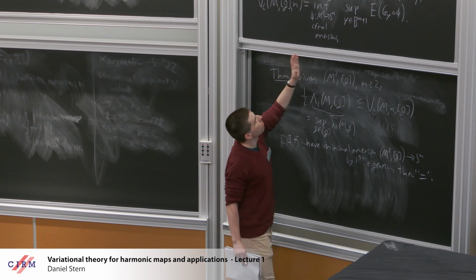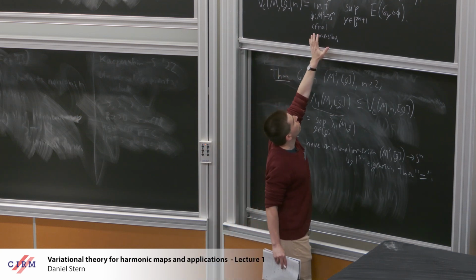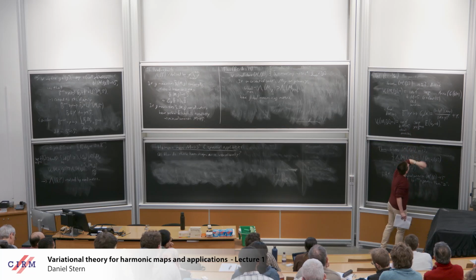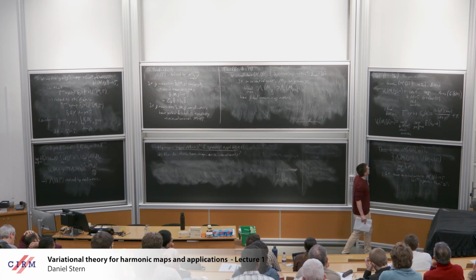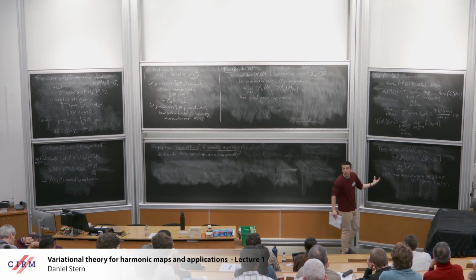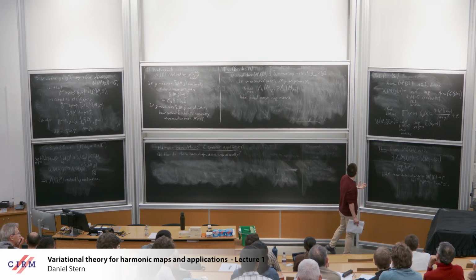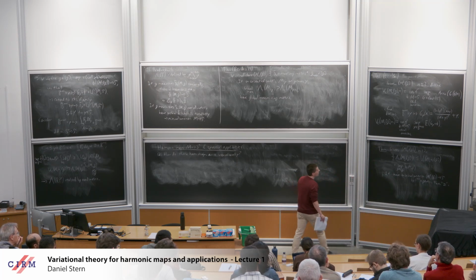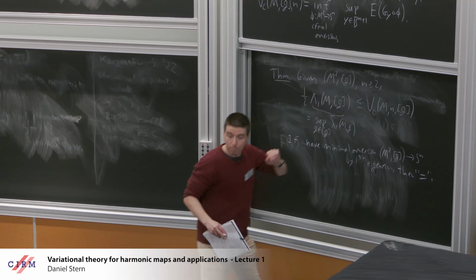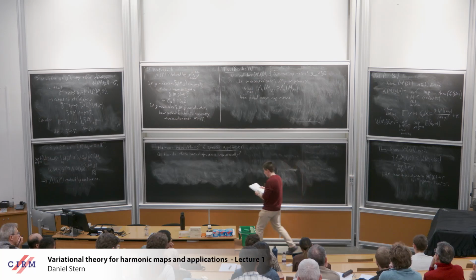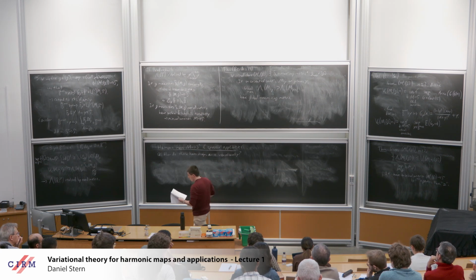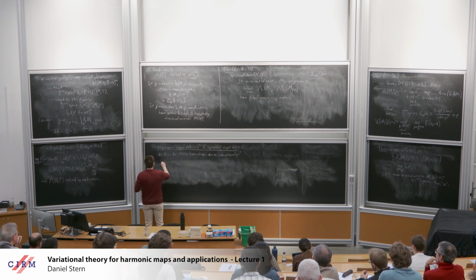And the idea is that if we relax their min-max, right, so here they're taking this very restrictive family of test maps to plug in, if we relax to look at everything homotopic to those, then maybe we can upgrade that inequality to equality. Okay? So that's the idea.